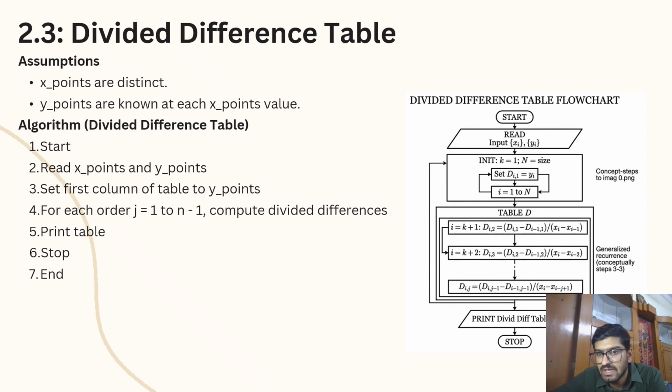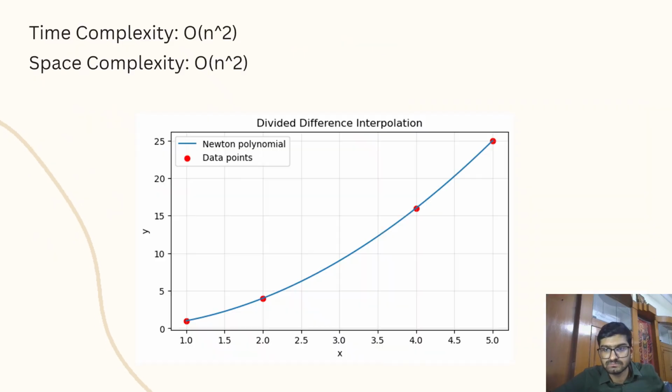The same goes for d i,3 equals d i,2 minus d i minus 1,2 divided by x i minus x i minus 2, and the final equation is d i,j equals d i,j minus 1 minus d i minus 1,j minus 1 divided by x i minus x i minus j plus 1, and finally we print the table using the loops.